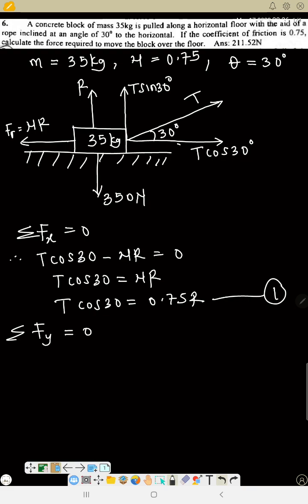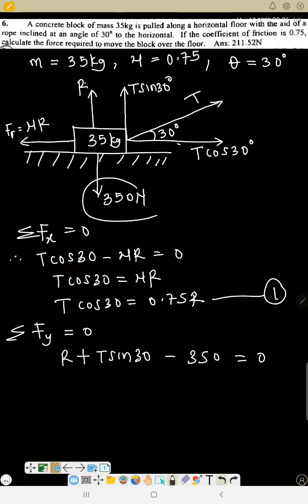The forces acting vertically now are R and T sine 30. So that means R plus T sine 30 minus 350 is equal to 0.